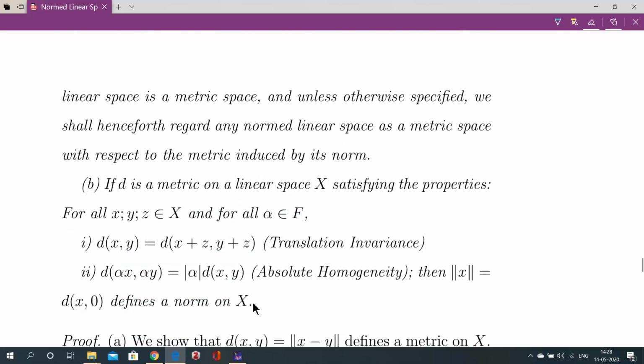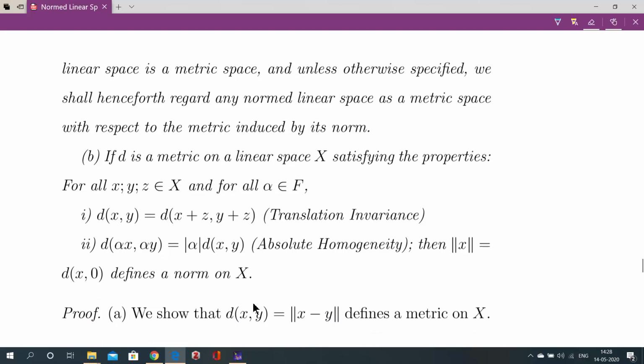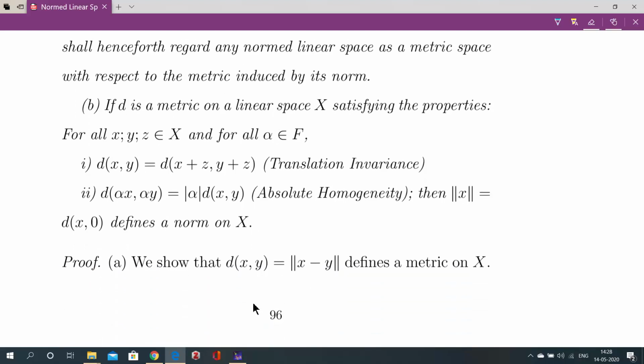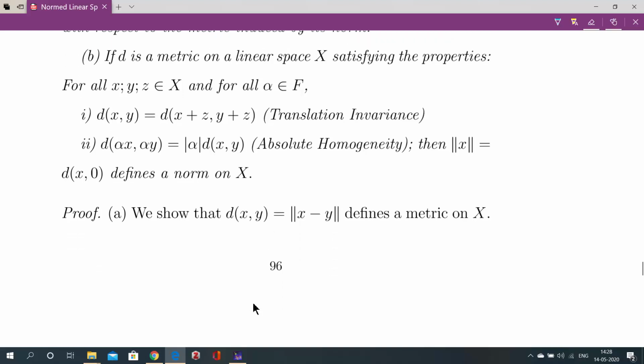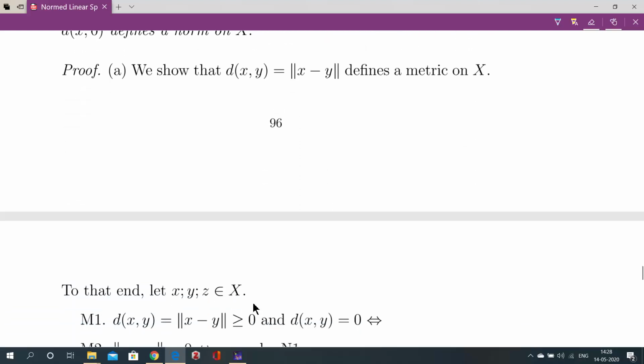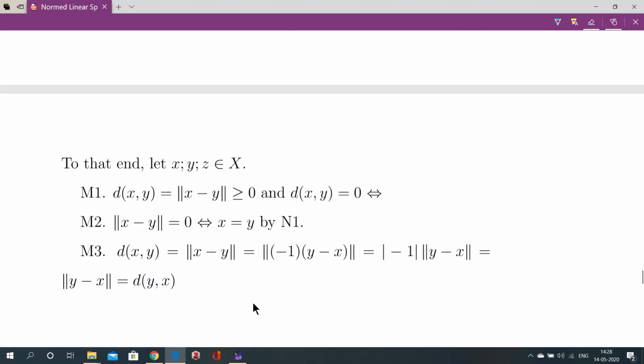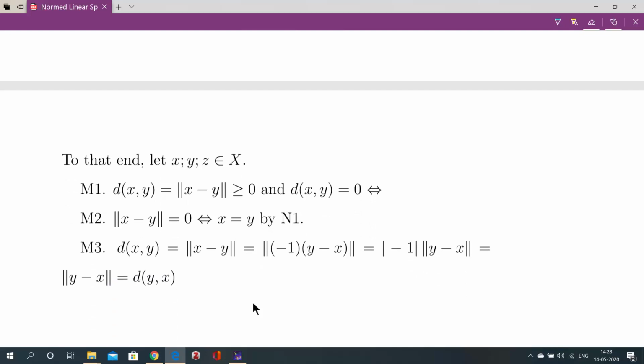If d is a metric on a linear space X, satisfying the properties of translation invariance and absolute homogeneity, then the norm of x equal to d(x,0) defines a norm on X. So here d(x,y) equal to norm of x minus y defines a metric. Here d(x,y) equal to norm of x minus y is positive, and d(x,y) equal to 0 implies that x equals y.